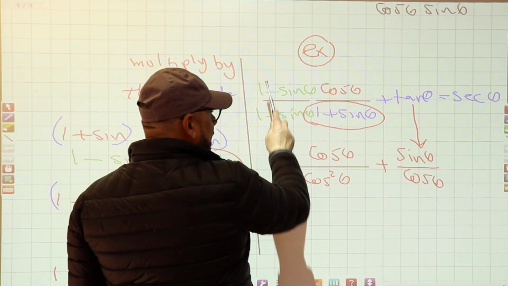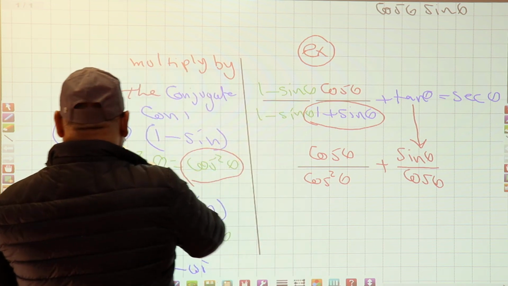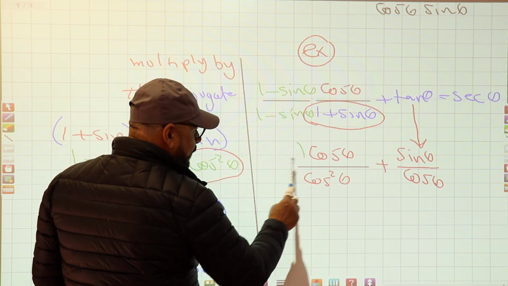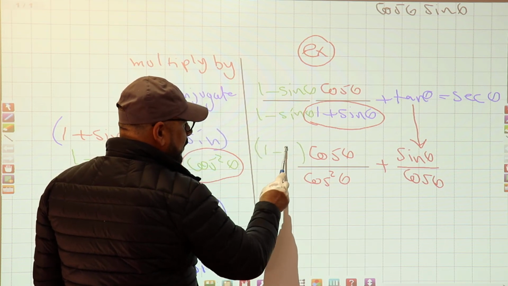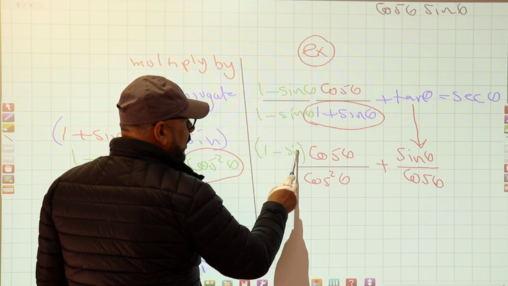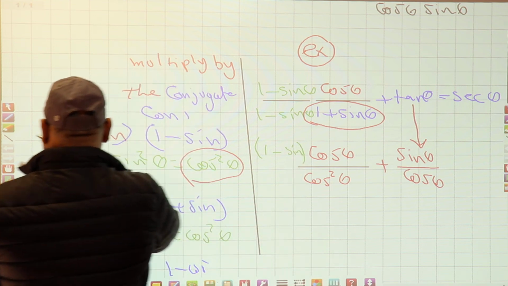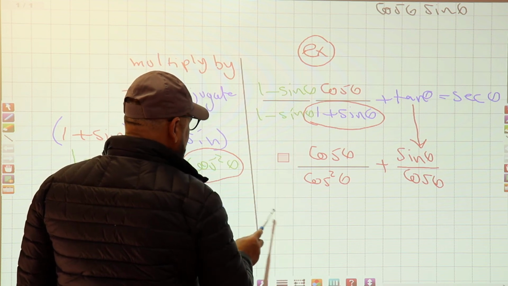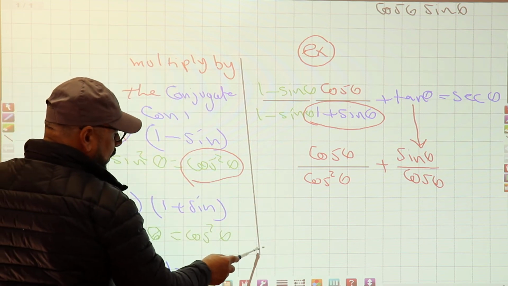And here, what I have in green, 1 minus sine theta.